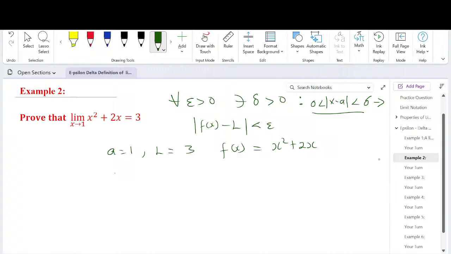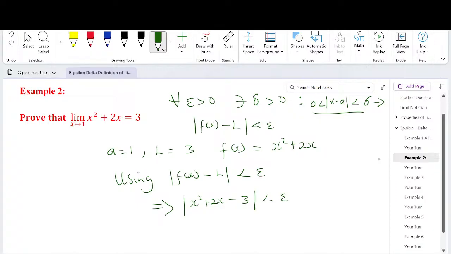Using this, f of x minus L less than epsilon, we can now substitute. So it implies that f of x now is x squared plus 2x minus L, where the value of L is 3, and it must be less than epsilon.